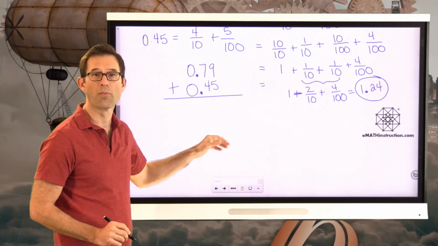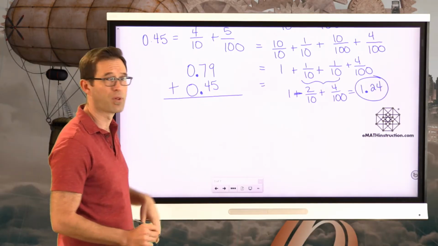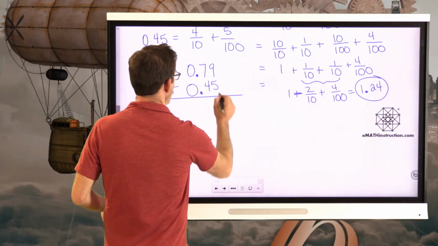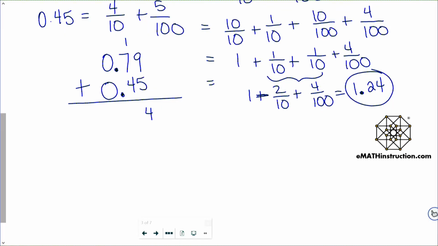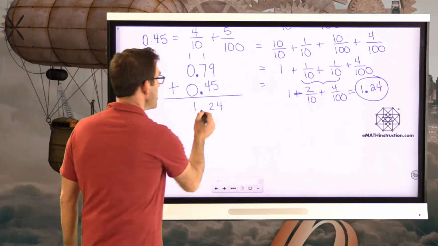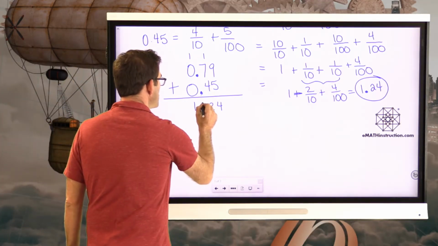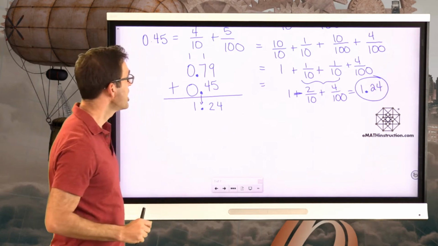If I ignored the decimal points and I just thought about this as 79 plus 45, I'd have 14, I'd carry the 1. I'd have 8 plus 4 is 12, and I'd carry the 1, and then I'd have all of this added together, and I'd have 124, right? And then the decimal just stays where it is. Now think about this.